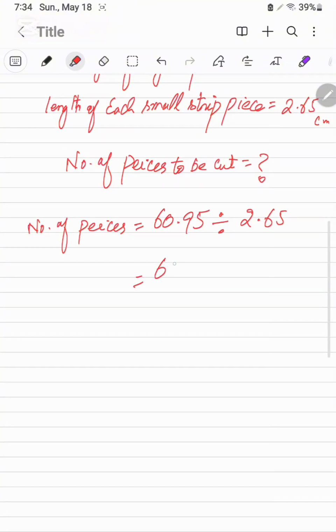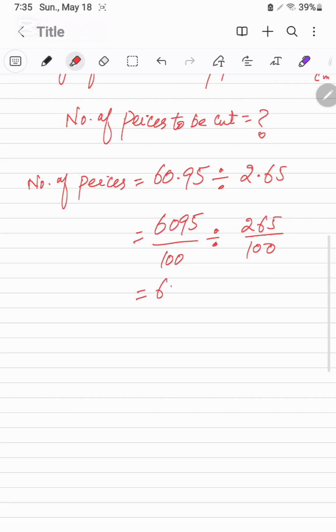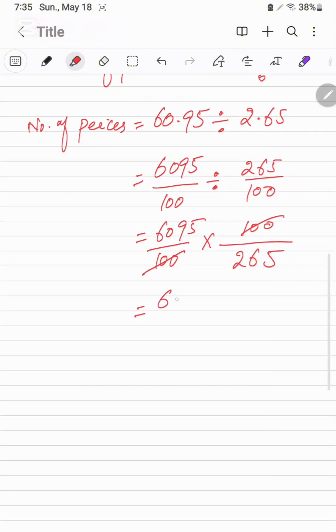Now we will convert into simple fraction. 6095 over 100 divided by 265 over 100. We will keep 6095 over 100 as it is. Now we will convert division into multiplication and take the reciprocal of the second fraction. 265 over 100, this 100 cancels out. Now it is 6095 divided by 265.